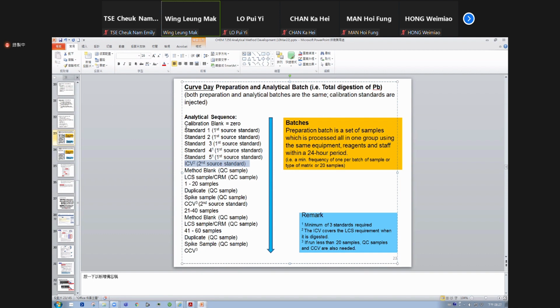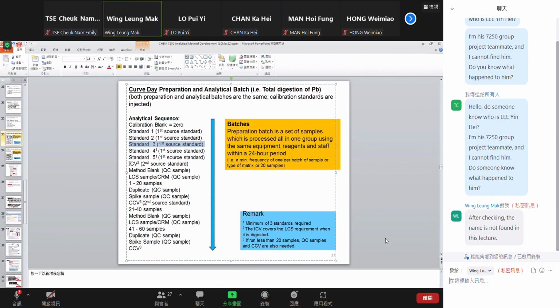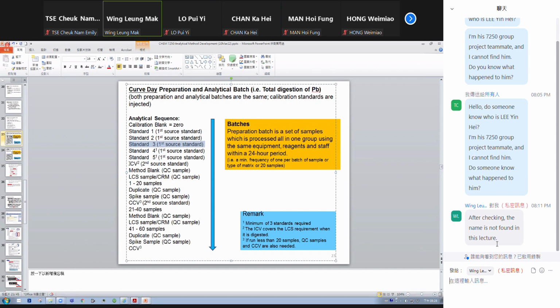If the chemical in the first source standard is deteriorated, contaminated, or you make the wrong calculation and the concentration is incorrect, and you use standard 3 again as your ICV, what will be the problem? The problem is that because they are always prepared from the first source standard, they always agree.